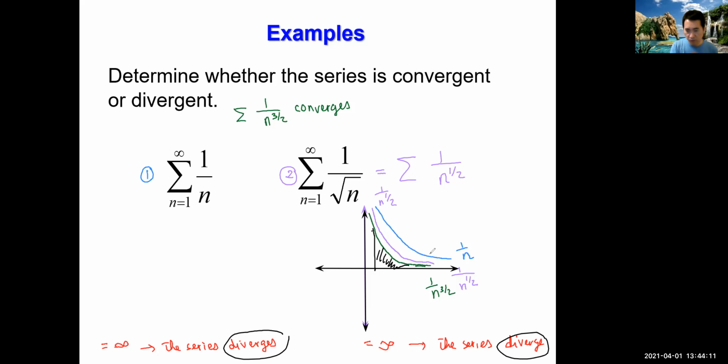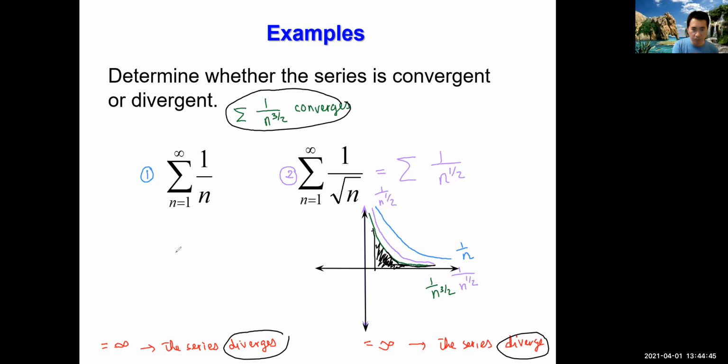Now, when the power is getting larger, like 3/2 or 1.5 here, you see that the graph goes to the x-axis pretty quickly. So the area underneath is really small. When it's really small, the area is finite, and therefore the integral converges, and that means the original series converges.